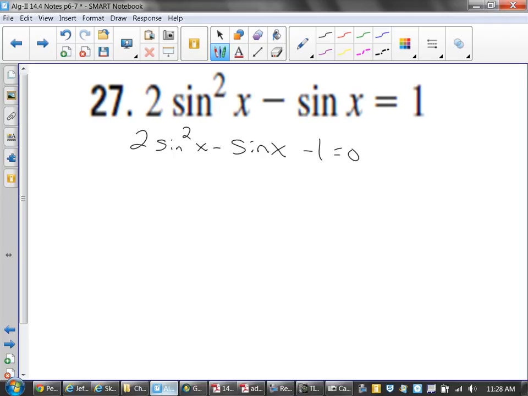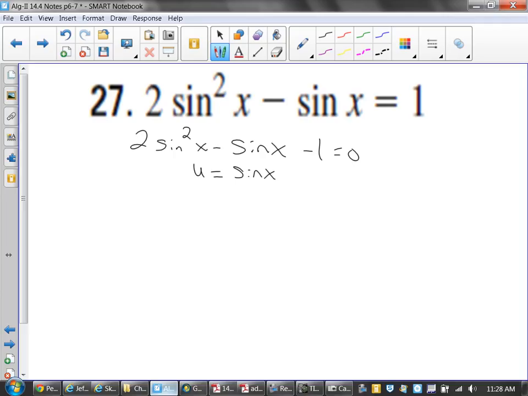Here's a trick that we use in math. The trick we use in math at this point is called U substitution. U substitution is nothing more than letting u equal sine of x. The reason why I'm letting u equal sine of x is because right now sine squared of x and sine of x is a lot of stuff.